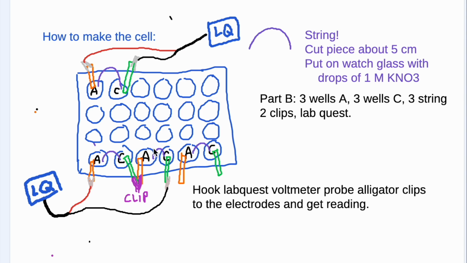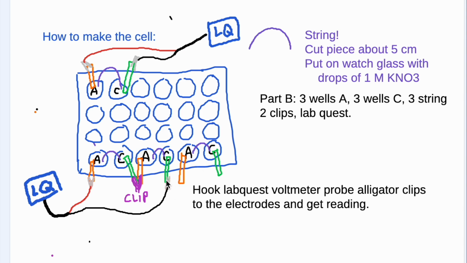And then we have a salt bridge to the 4th well, which has a piece of C metal and a C solution in it, and that's where the other LabQuest alligator clip should go. So we have 2 cells, and they're in a series, and we're going to see what the potential reading is for that, having 2 of them in series.